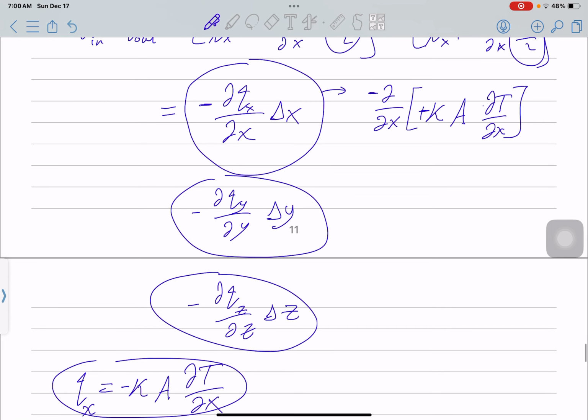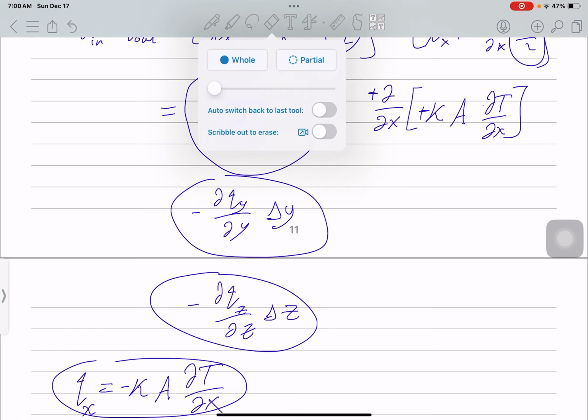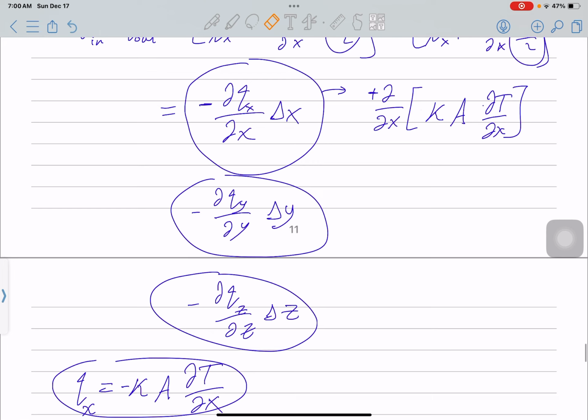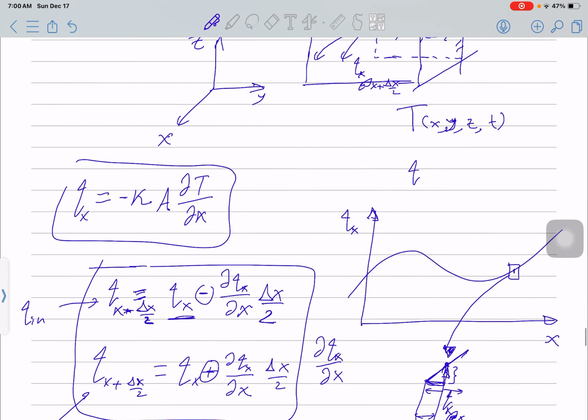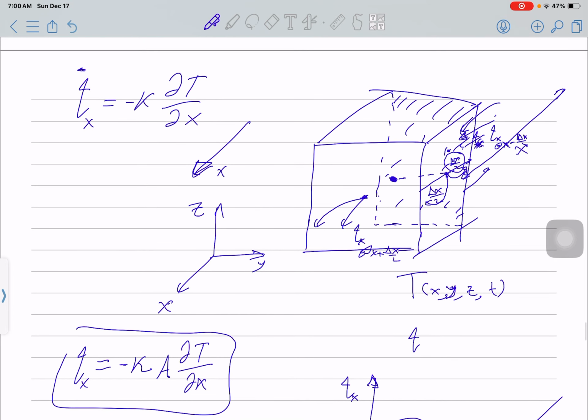Negative will cancel out with the negative, and we will be left with a positive quantity. Let's take a look at the area. What is the area that moves in the x direction? We know that this is the x direction, so the area we are looking for is this area.